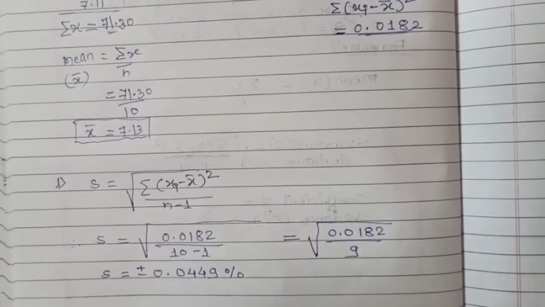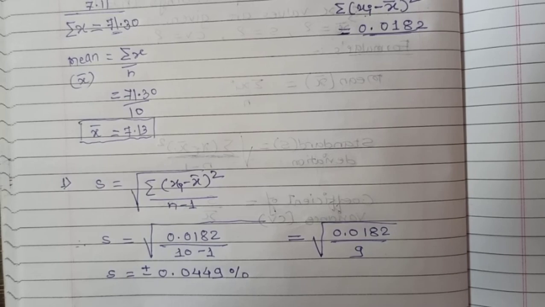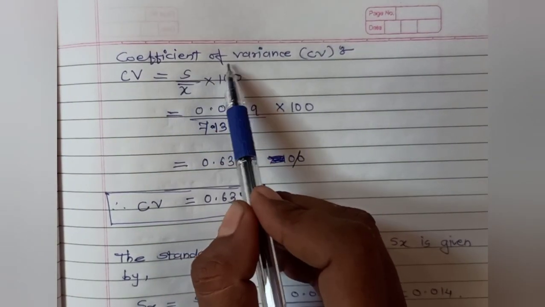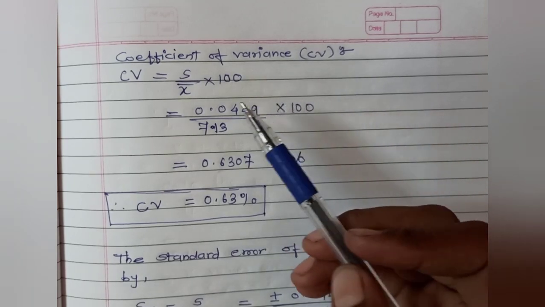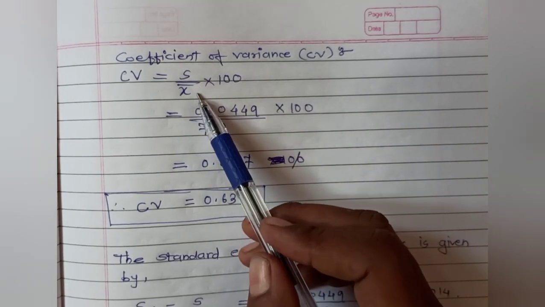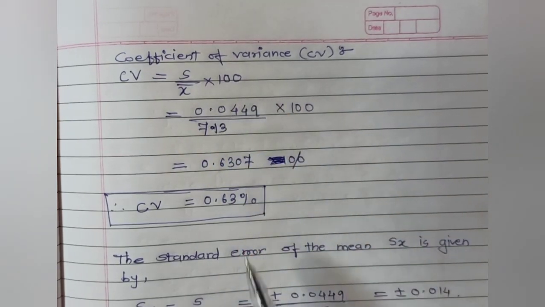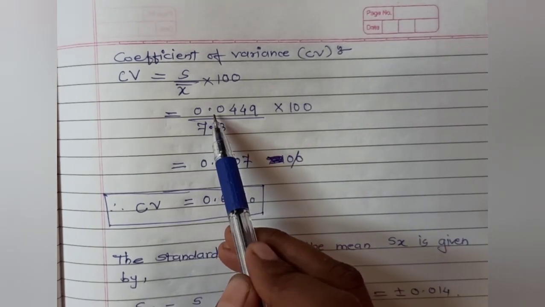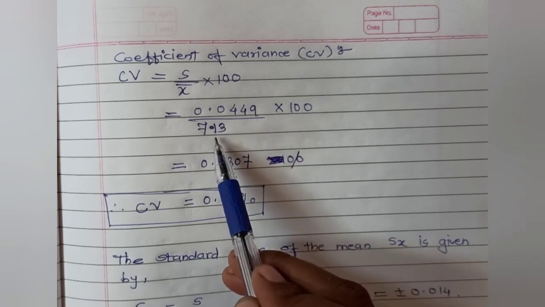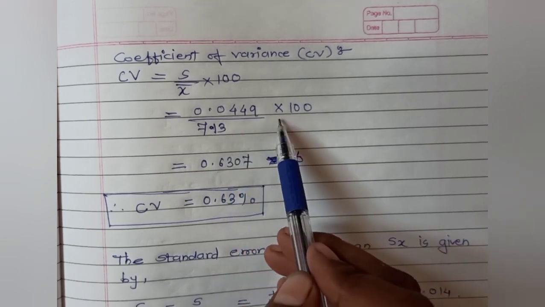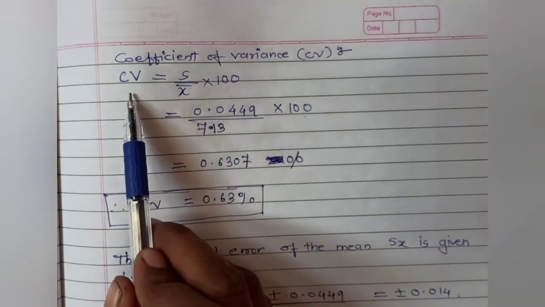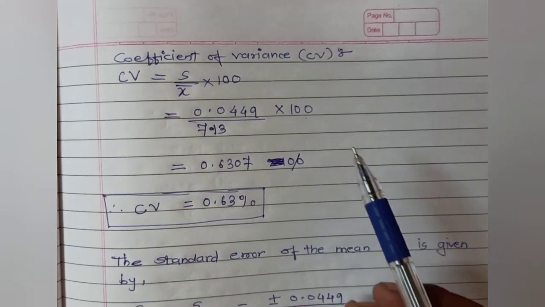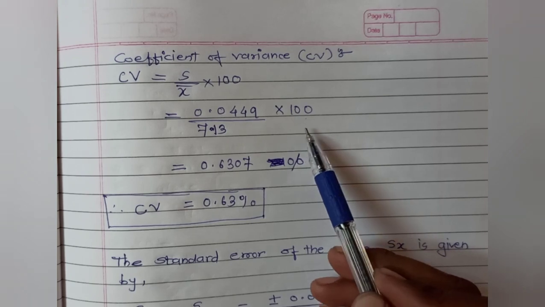Now we can calculate the coefficient of variance. CV is equal to S upon X bar into 100. The S value calculated by us is 0.0449 divided by 7.13 into 100, because CV is the relative standard deviation expressed in terms of percentage.